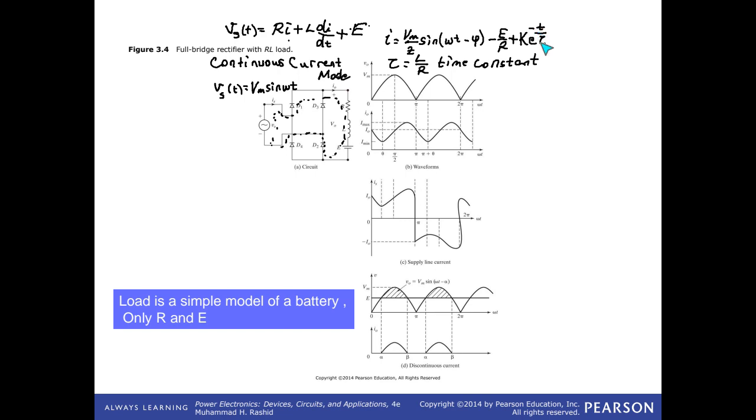I always use the time constant, okay? So that is the solution. That is a general solution, but there's a constant here. This is the transient solution, and these two are the steady state solutions.